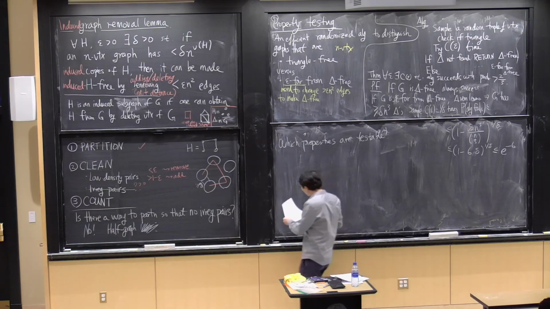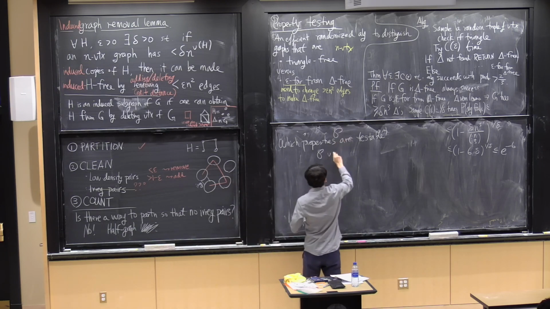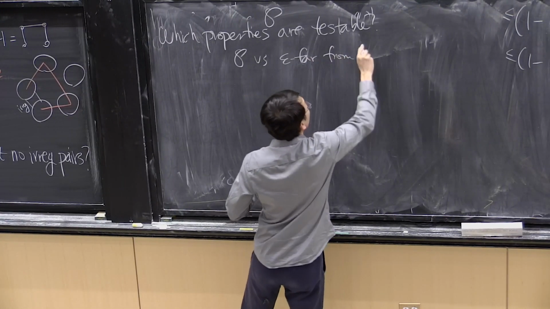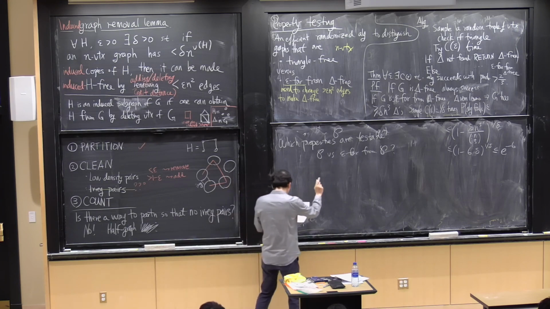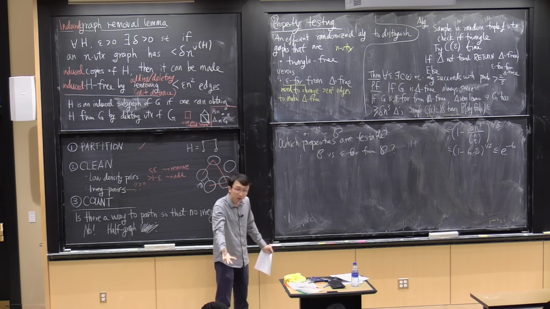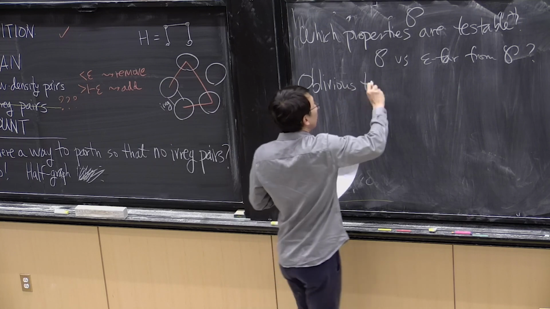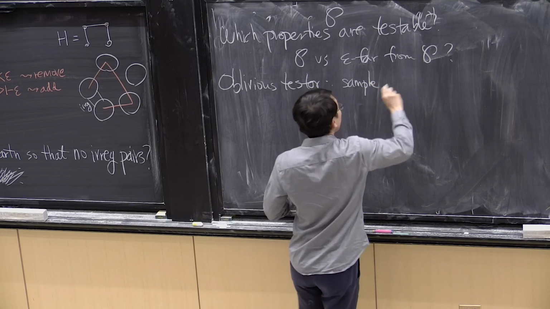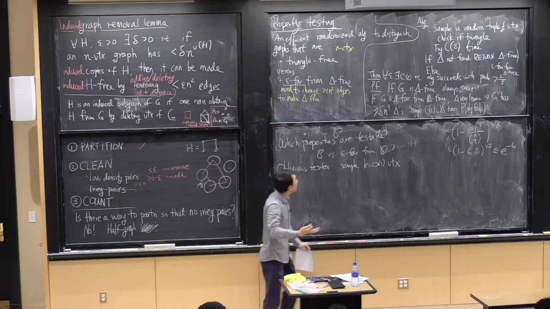So distinguishing something which has the property P versus epsilon far from this property P. And you have this tester, where you sample some number of vertices. This is called the oblivious tester. You sample k vertices, and you try to see if it has that property.